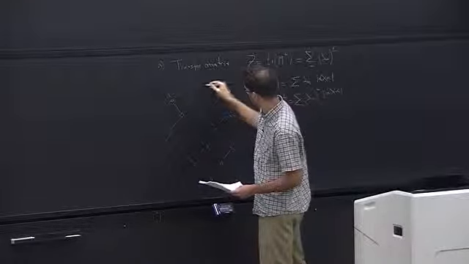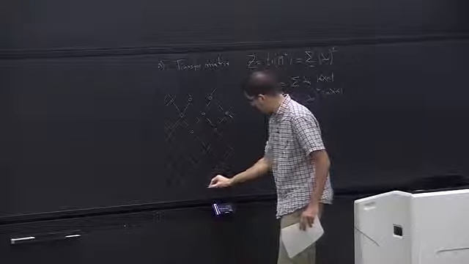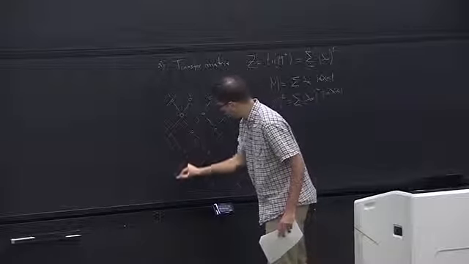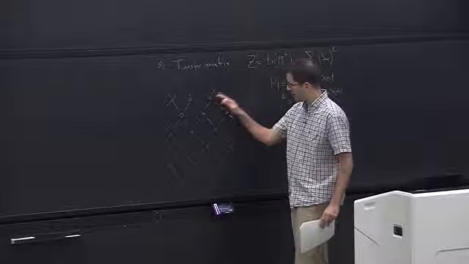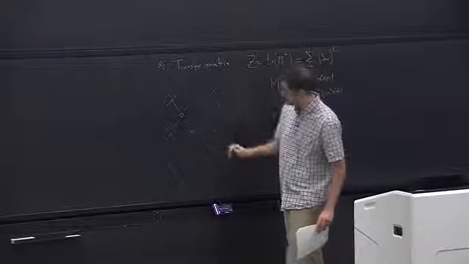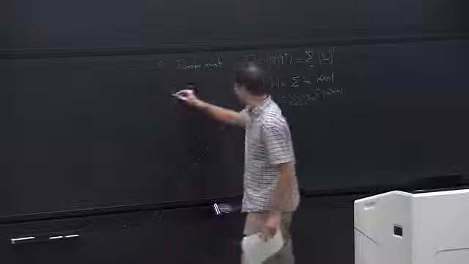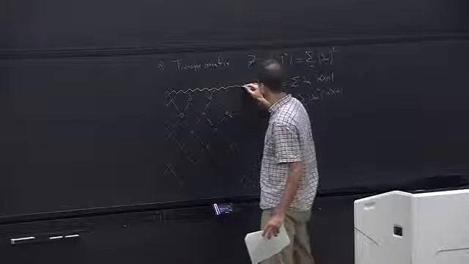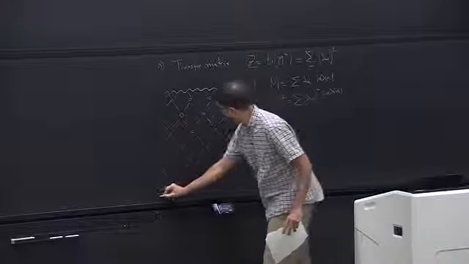I have periodic boundary conditions in all directions. So what I've done is, you can see the square lattice. It's been tilted. And now I'm identifying this part with this part.